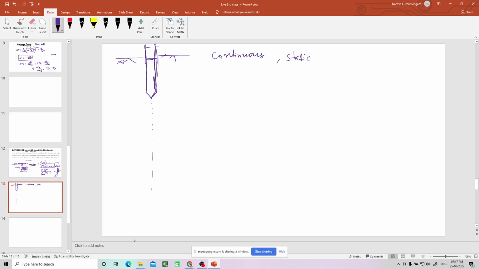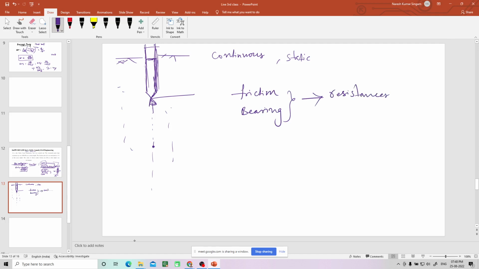Whenever it goes down, what will happen? There will be resistance from the soil. This is all soil, right? So the resistance will come here at the tip of the cone penetrometer, and the resistance can come around the total surface. So friction and bearing, there are two things which come into picture. Both are called resistances.